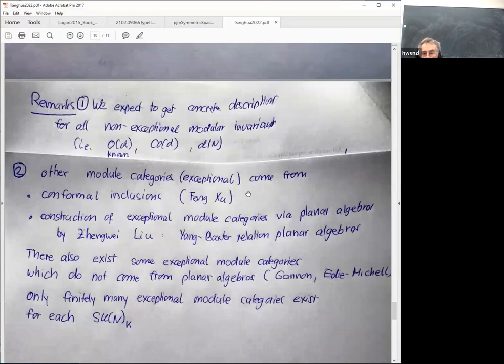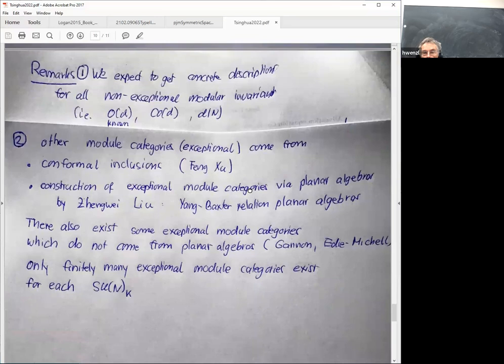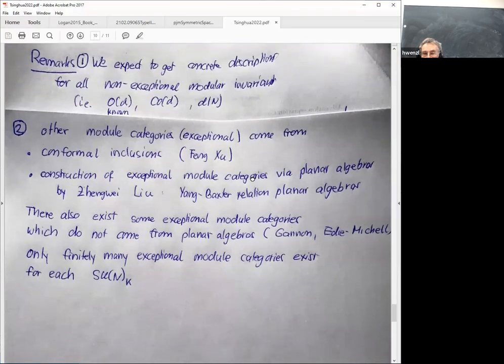So the biggest source of exceptional module categories comes from something called conformal inclusions. This was discovered by Fang Xu, and in principle a lot of the combinatorics is known, but I still don't think that there is a general description of, say, the algebras of this, but it is known each conformal inclusion gives one.